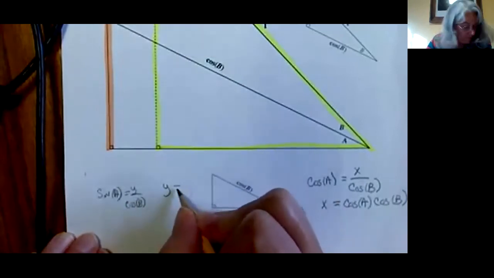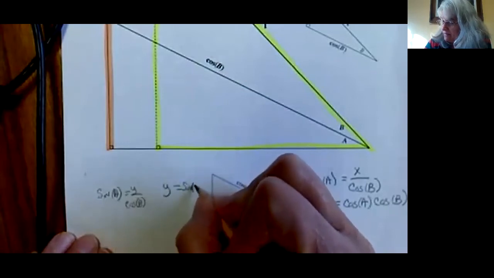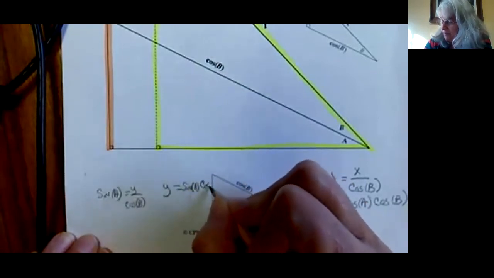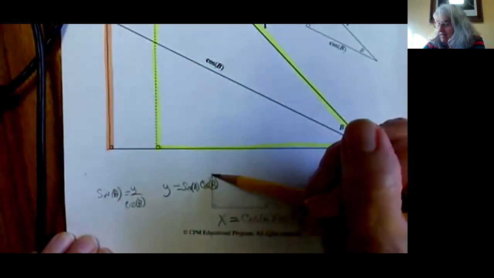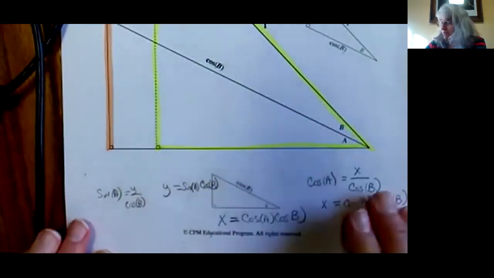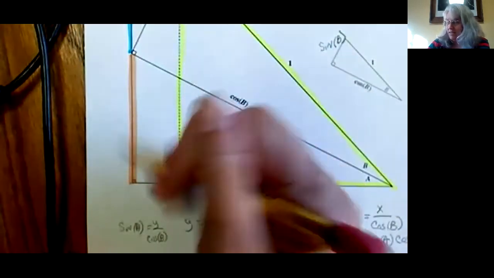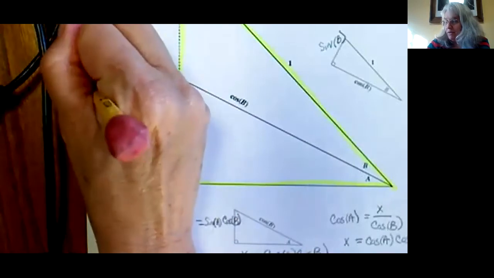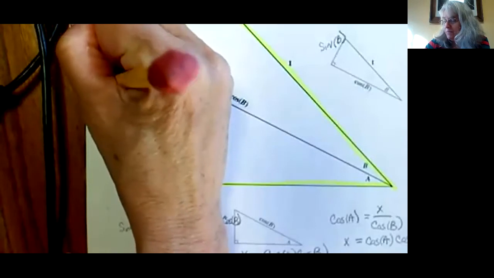So y is going to equal sine of a cosine of b. Okay, so y is this length right here. That also is representing this length. So this is y, which equals sine of a cosine of b.